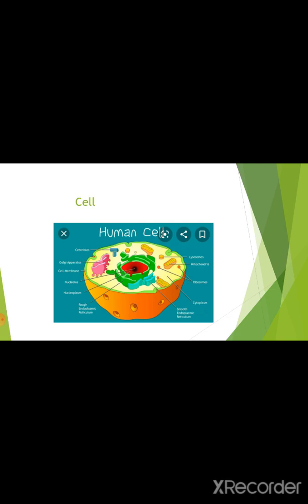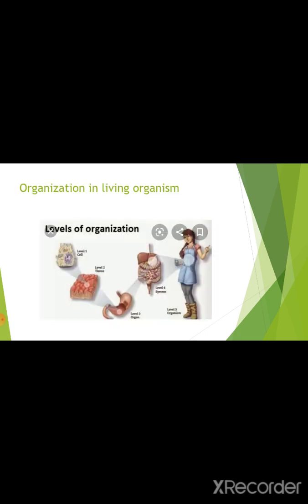Thus, the body of each plant and animal is an organized structure. So, if you see here, a cell forms a tissue, tissues form an organ, an organ forms an organ system, and an organ system forms an organism. This is called organization in living organisms.